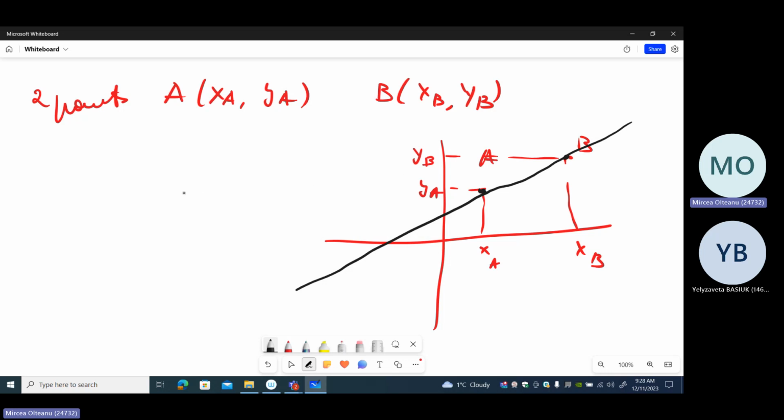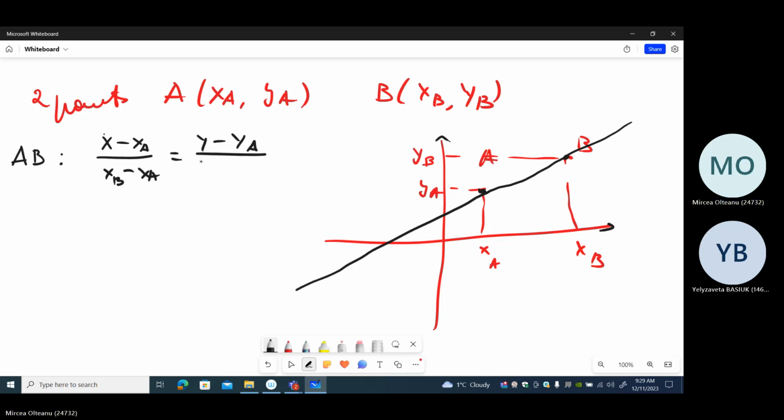It's very simple to prove that the equation of the straight line AB is given by (x minus xa) over (xb minus xa) equals (y minus ya) over (yb minus ya).